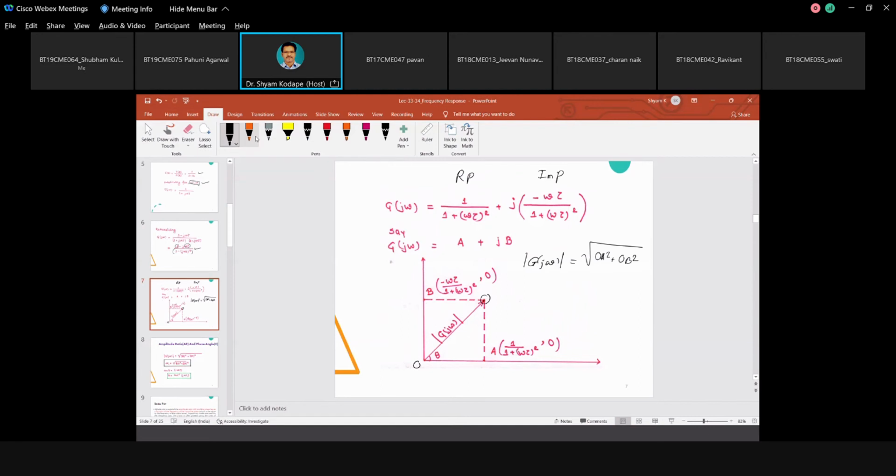Okay, but what is OA? OA square plus OB square. But what is OA? OA is nothing but the real part square, plus OB is nothing but the imaginary part square, in general, if we represent it like that.